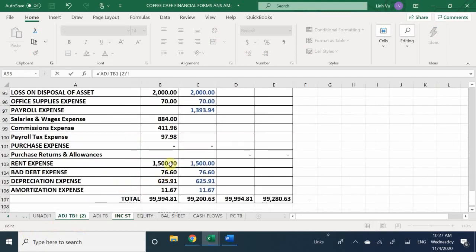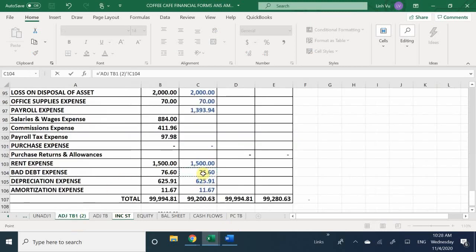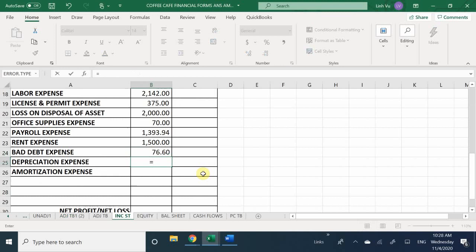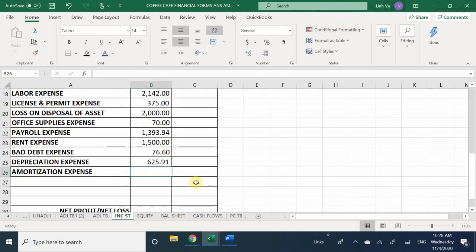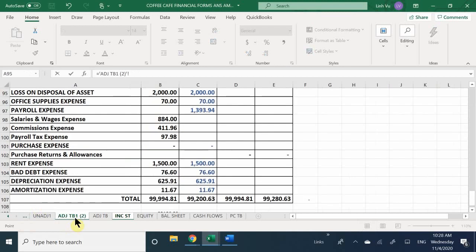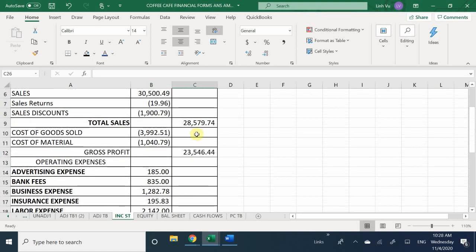It should be 1,500. My bad debt, 76.50, 60. And my depreciation and my amortization. All right. So then I'm going to total all of those expenses and add a negative, because that's what you're going to subtract from my gross profit.